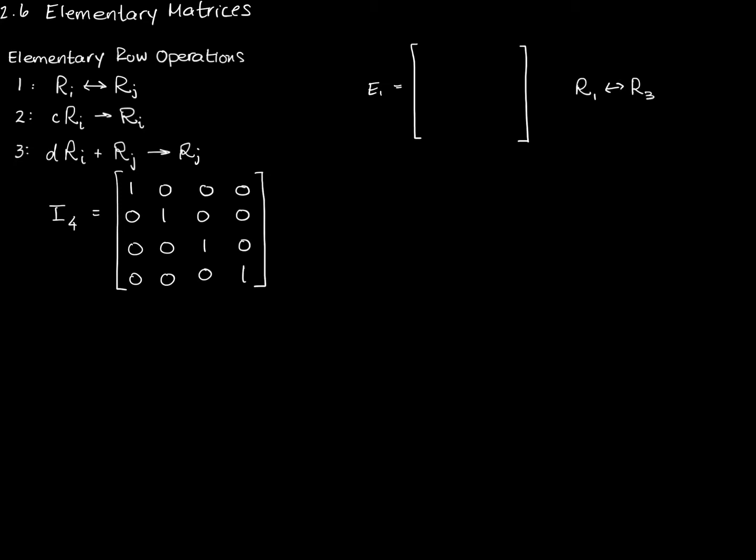That's going to give me row 1 down here and row 3 up here. And everything else stays the same.